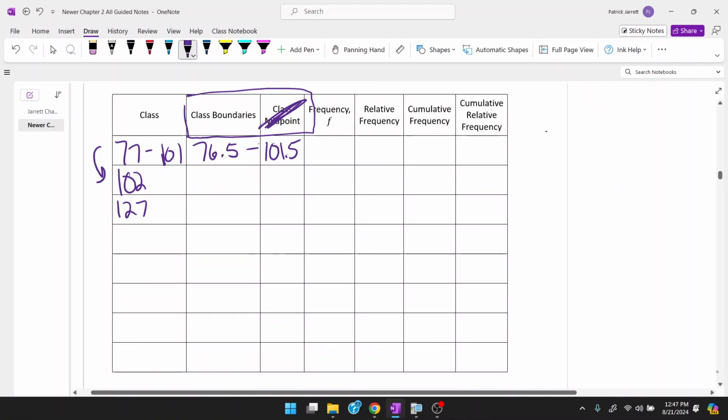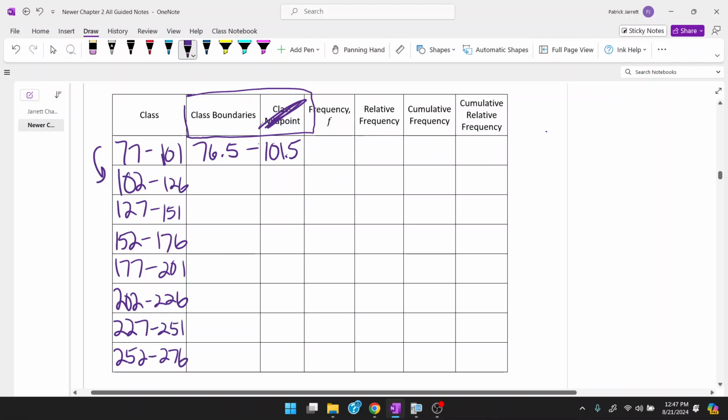So yeah, 127, 152, 177, 202, 227, and then 252, 126, 151, 176, 201, 226, 251, and 276.